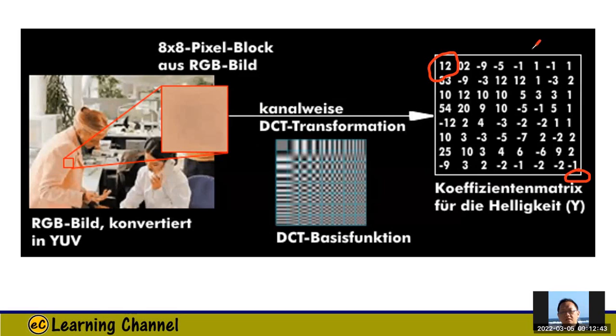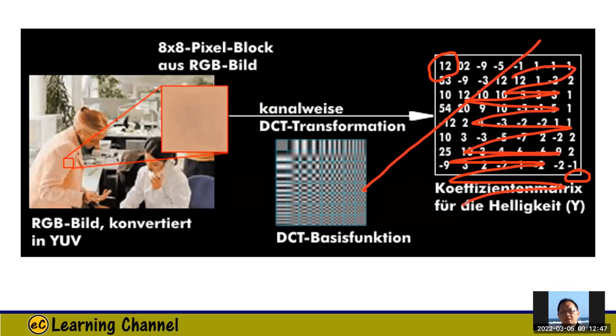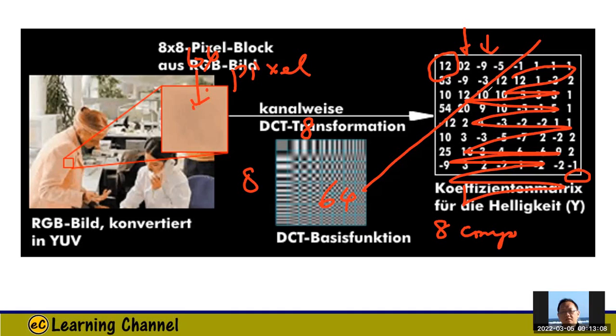So if we cut somewhere here, I don't need to transmit this whole part, only this corner. Originally I have 8x8, 64 pixel data, and if I just transmit a component in the frequency domain, then I will have a compression ratio of 64/8.